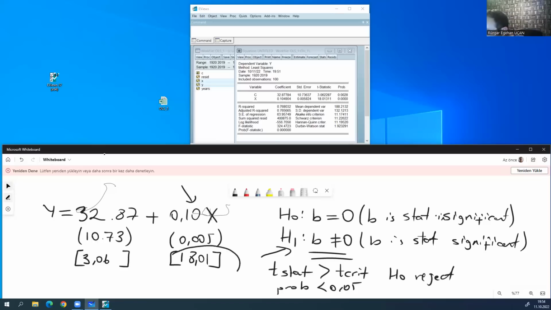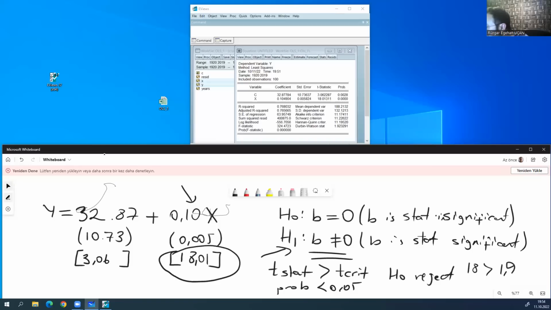Again, 18 is bigger than our critical value. It is not written here, but you may find it in your econometrics books: the critical value for a t-stat with more than 30 observations is about 1.9.